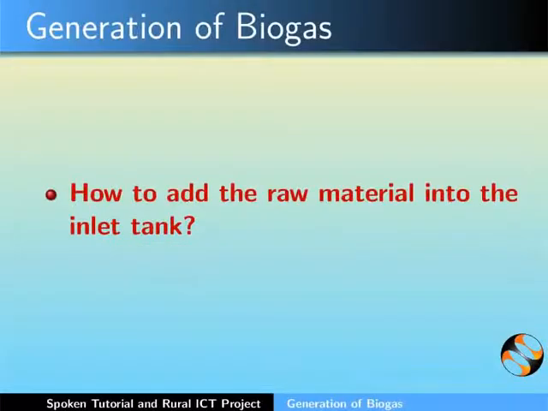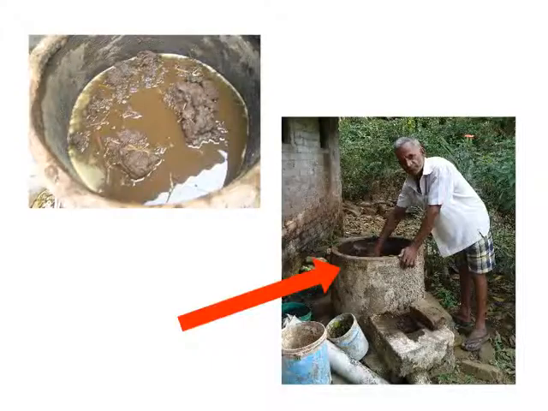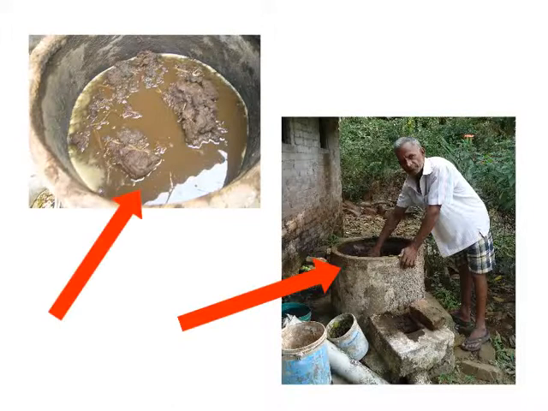Next, we will learn how to add the raw material into the inlet tank. To add the raw material into the inlet tank, first, mix the raw material and water properly in the ratio of 1:1.